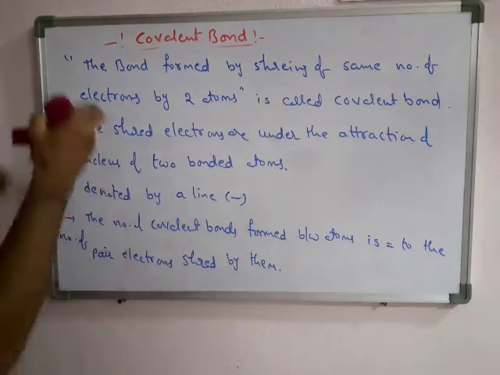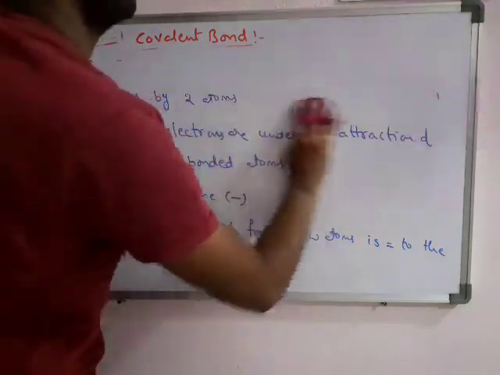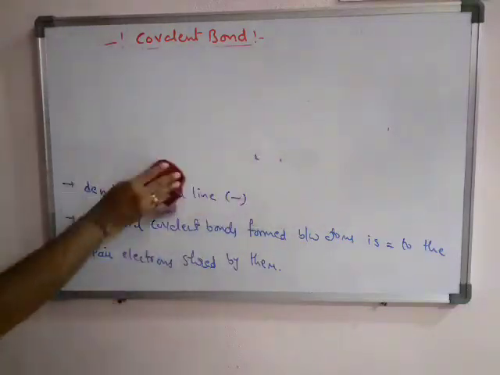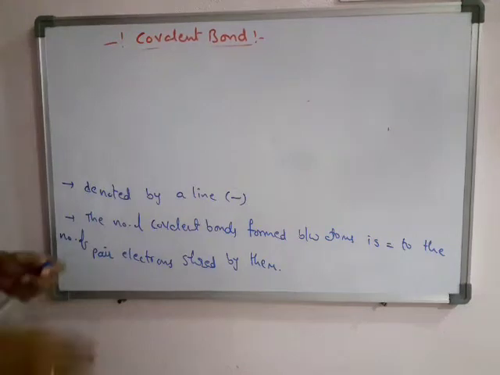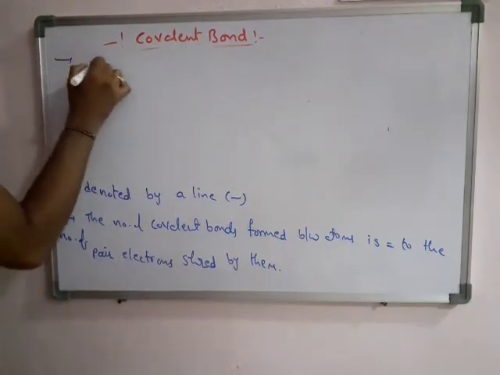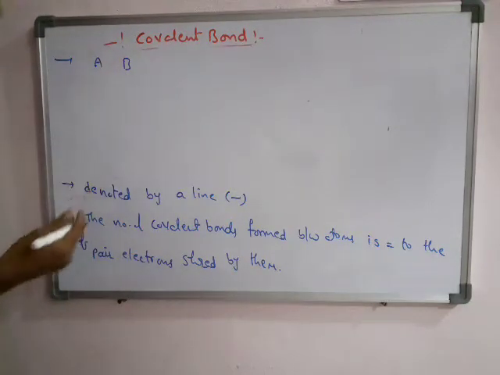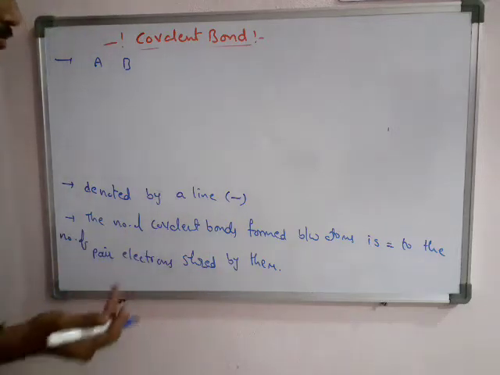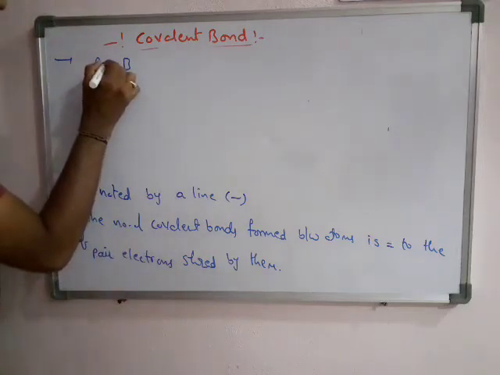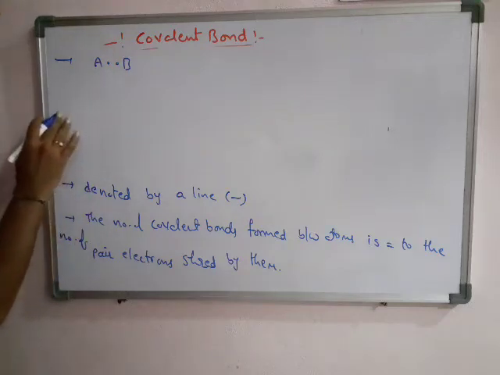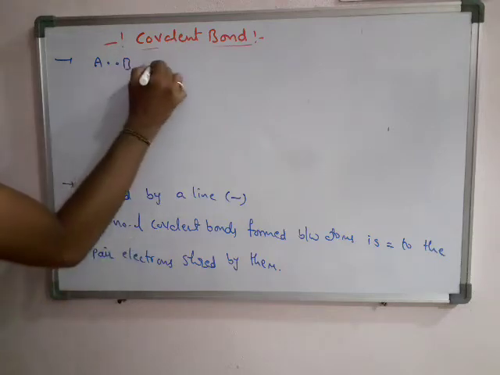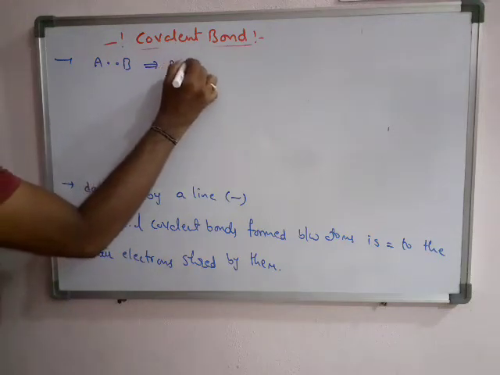For example, again taking A and B, you can take A and A, B and B, A and B, anything. A donates one electron, B donates one electron. How many electron pairs are shared? One pair is shared, so there is a formation of one bond.